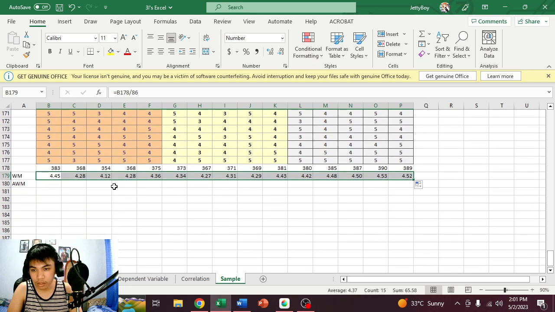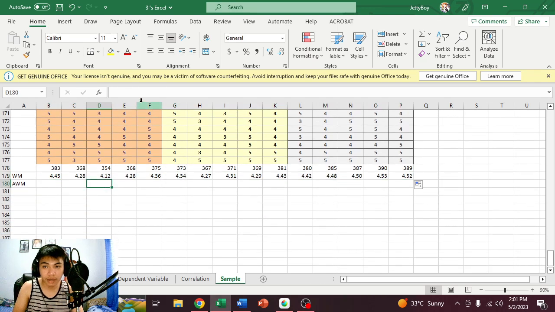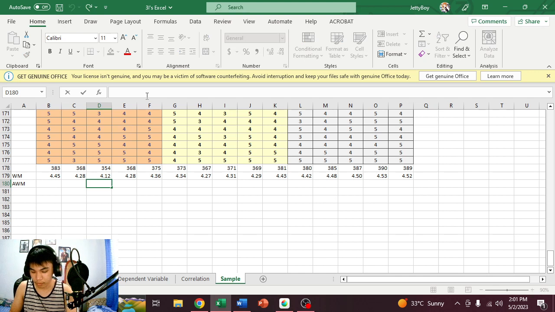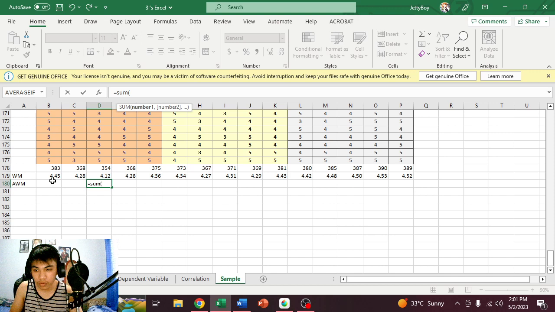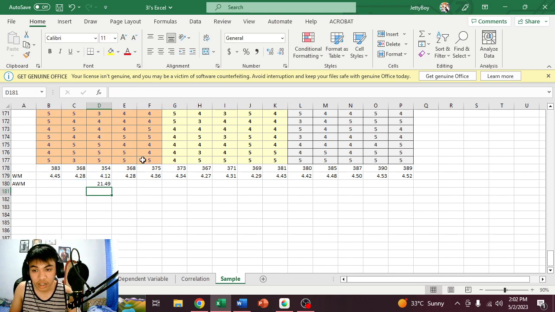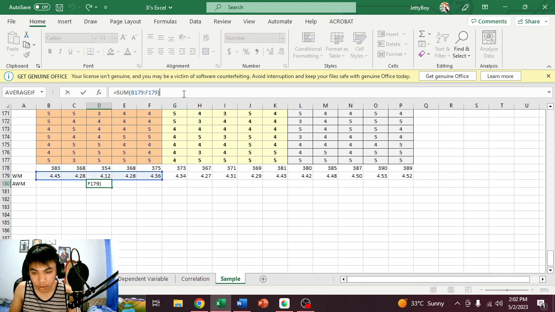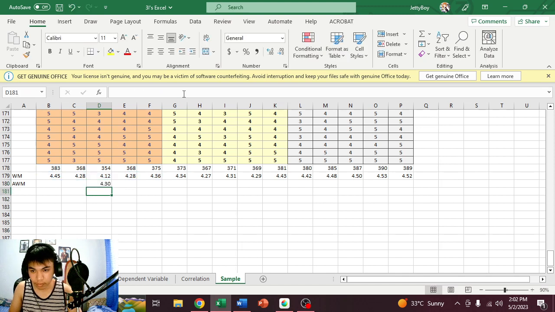See? For the average weighted mean, same steps. The sum of these 5 divided by 5. Okay, same with this.